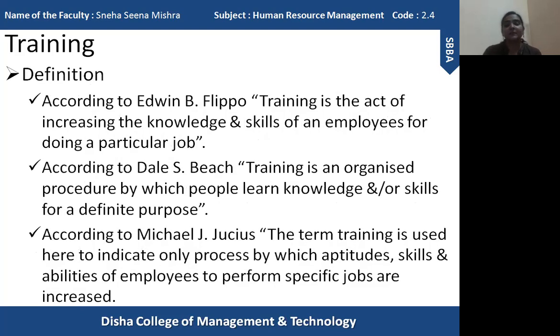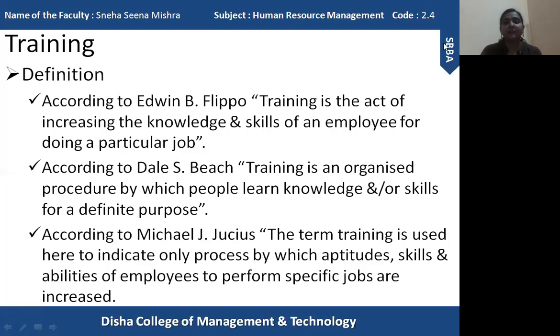Now let us discuss some of the important definitions of training. So the first definition is given by Edwin B. Flippo. According to Edwin B. Flippo, training is the act of increasing the knowledge and skills of an employee for doing a particular job.